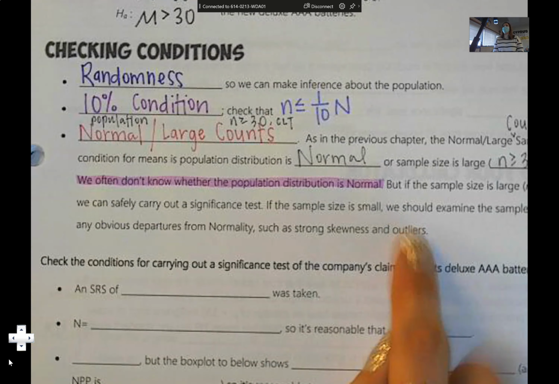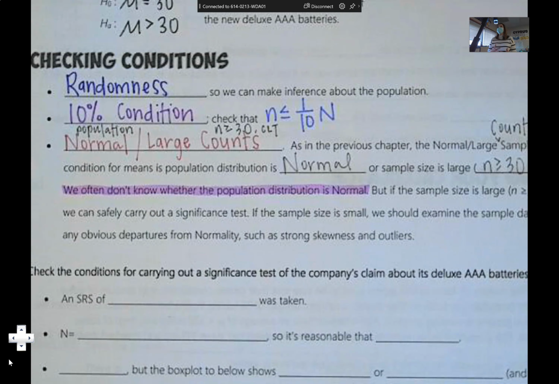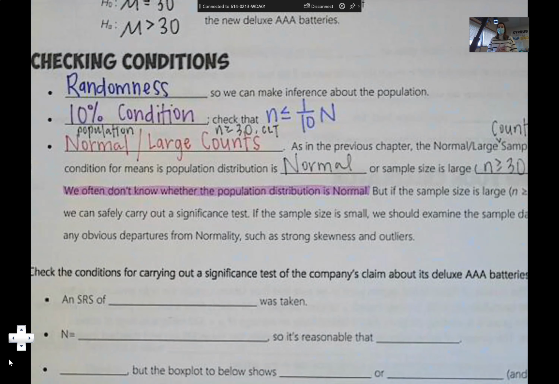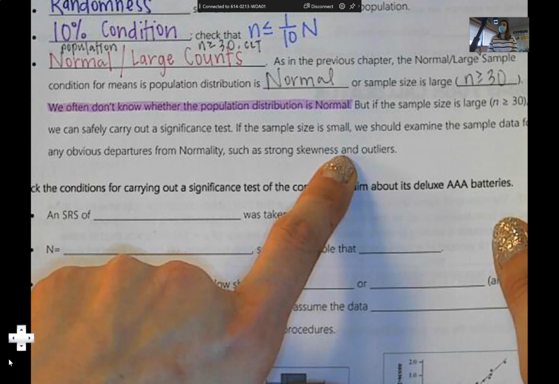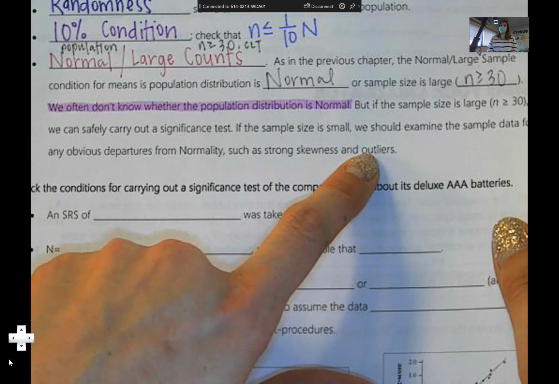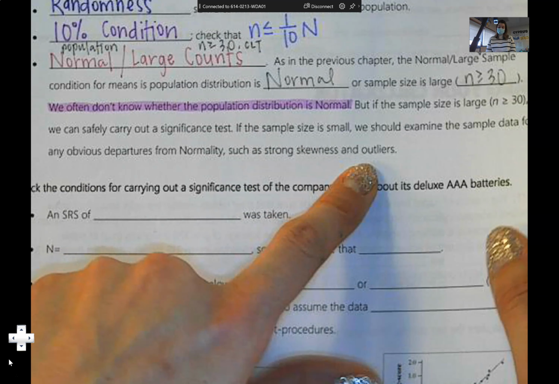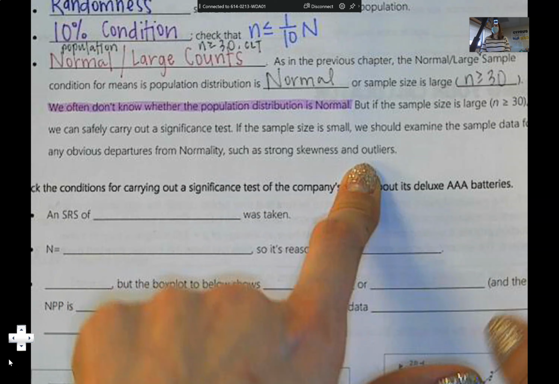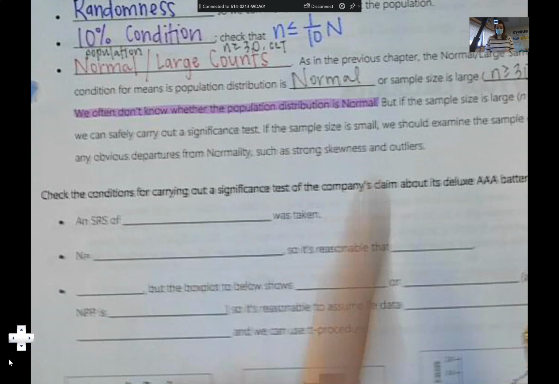If the sample size is small, then we need the data so that we can graph it and check to see if it's reasonable to assume that it's normal. And as a reminder, we're looking for skewness and outliers. If there's strong skewness and outliers, we can't use a t-test.